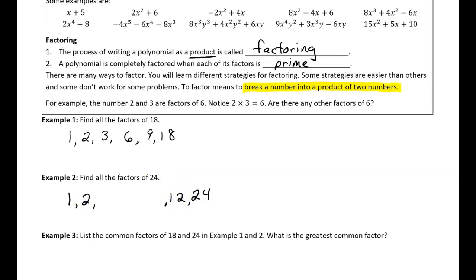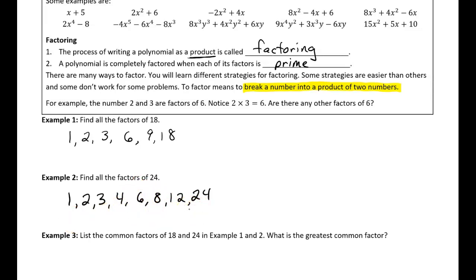I know that. 3 and 8 give me 24. 4, I think 4 goes in there. Yep, 4 times 6 gives me 24. What about 5? Nope, 5 does not go into 24. 6 does, but I'm starting to close the loop from the other side. So I know this is my complete list.